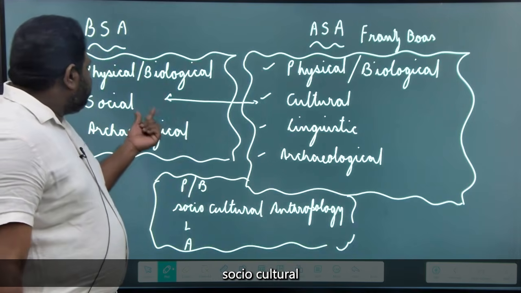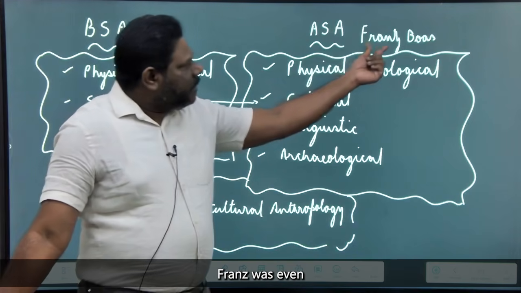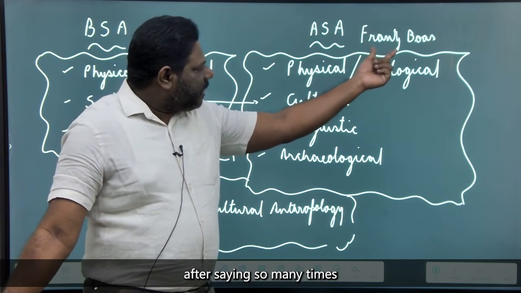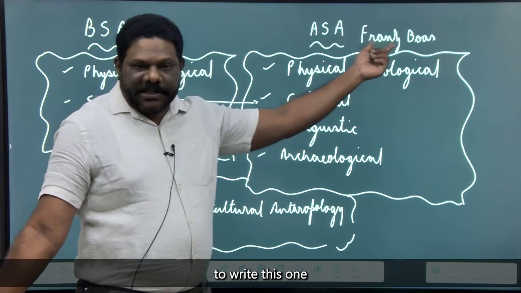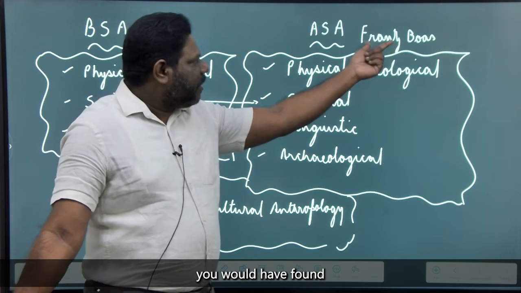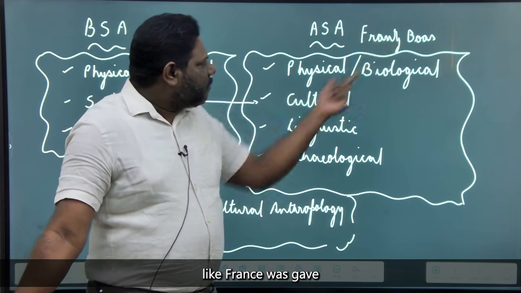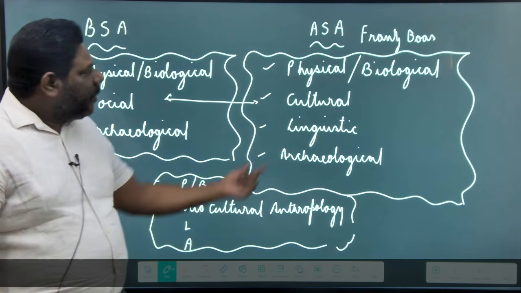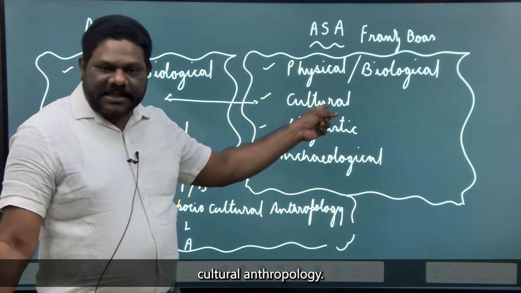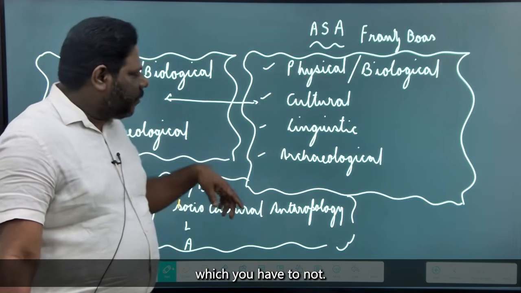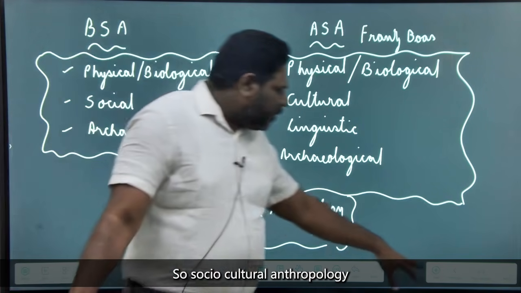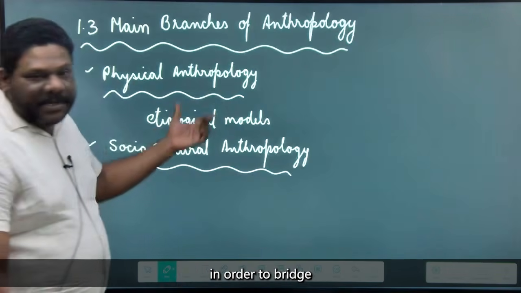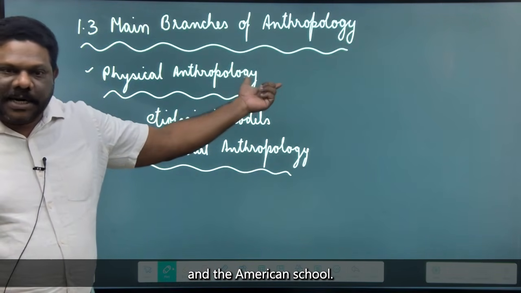So don't write socio-cultural anthropology was given by Franz Boas. Even after saying so many times, people continue to write this one. And some of the books you would have found say Franz Boas gave 4 branches and they will write socio-cultural also. But Franz Boas gave only cultural anthropology. This is something which you have to note. So socio-cultural anthropology came into existence in order to bridge the gap between British school and American school.